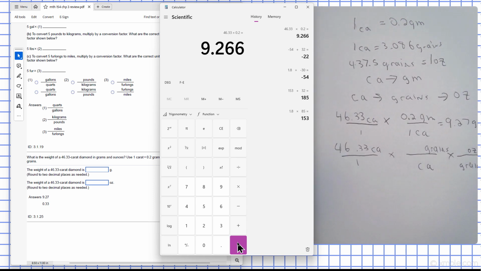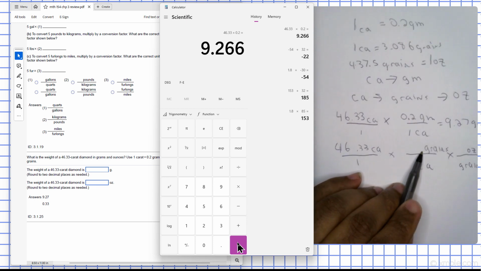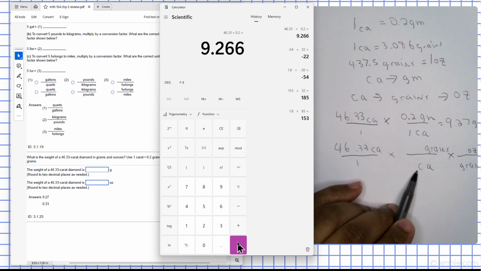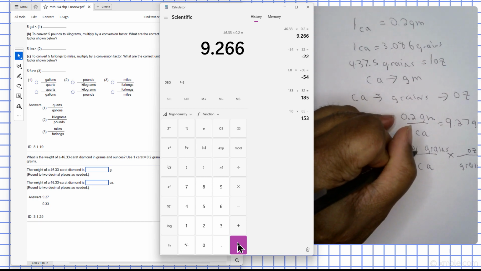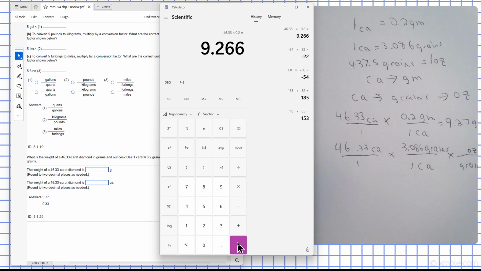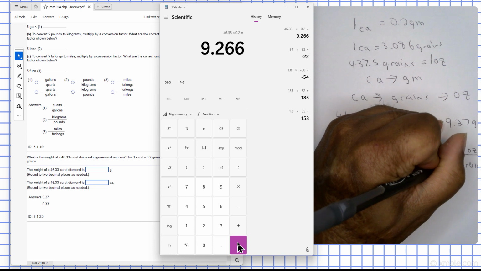So, the relationship between grains and carats, you see that 1 carat is 3.086 grains. And then the relationship between ounces and grains: 1 ounce is 437.5 grains.